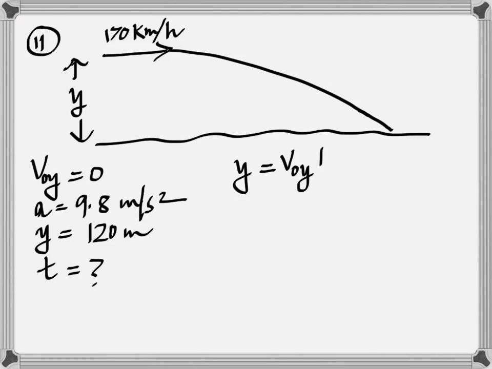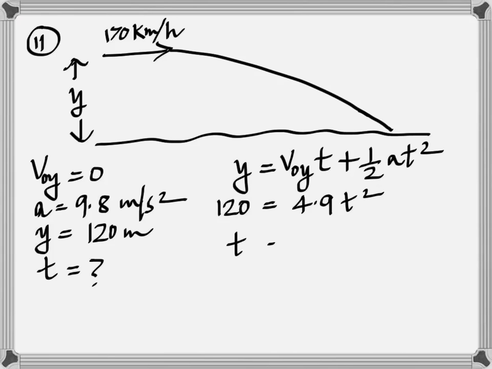Straightforward. Use the equation and substitute to find time. The first term simply vanishes because the initial velocity is 0, so you get the time as 4.95 seconds.